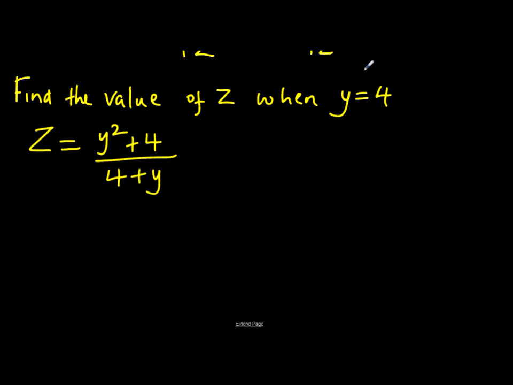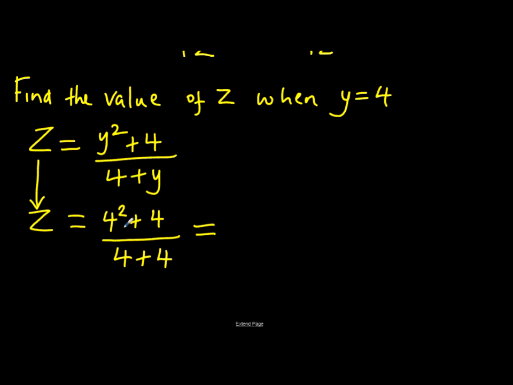So remember, we need to substitute 4 into wherever the Y lives. So we have Z equals, bringing that Z down, (4 squared plus 4) over (4 plus 4), because 4 goes into where Y lives.